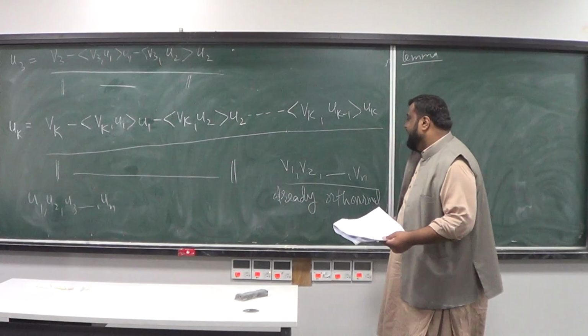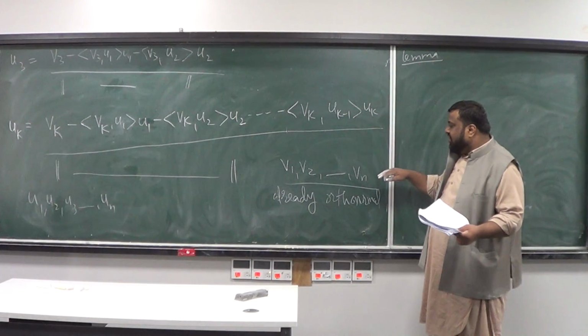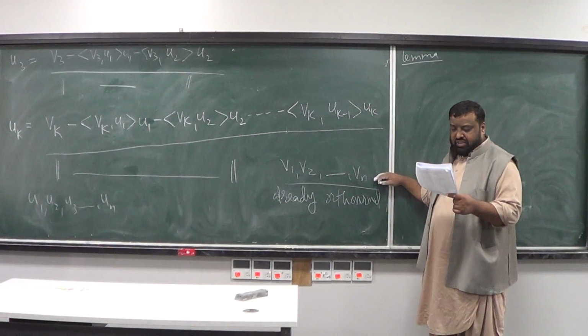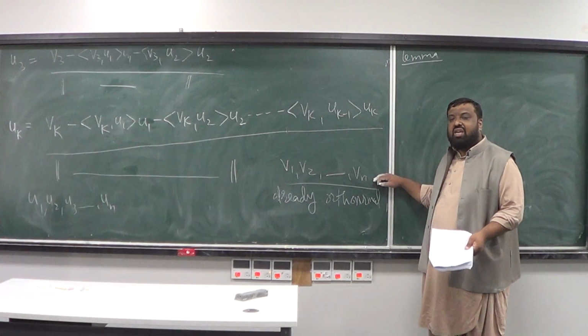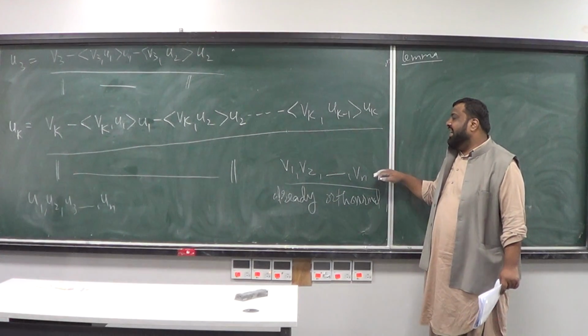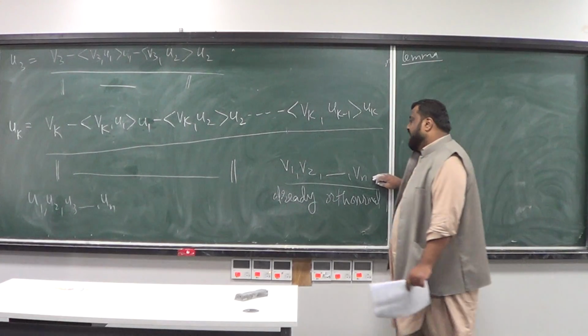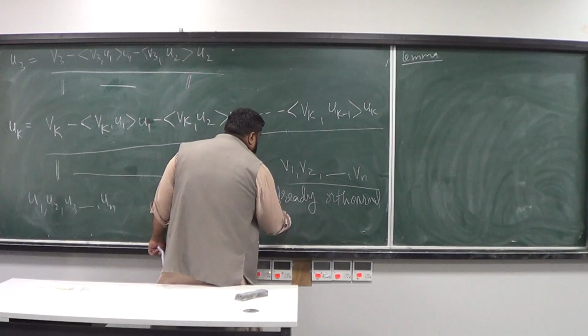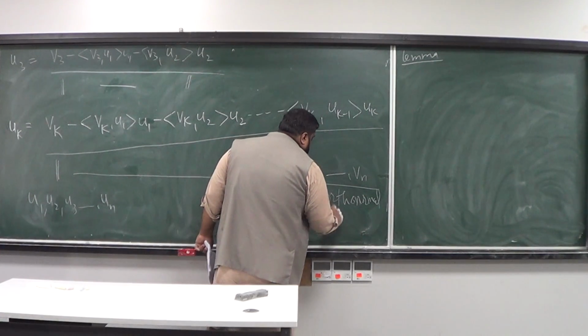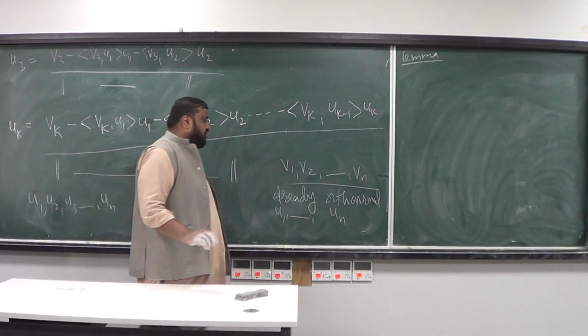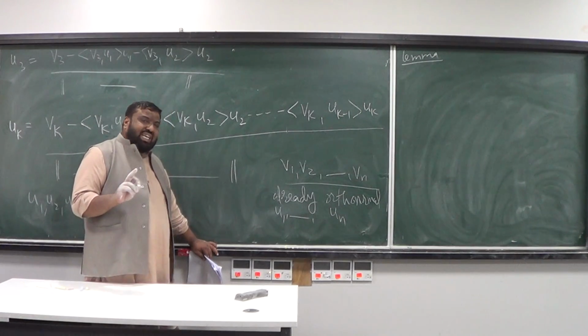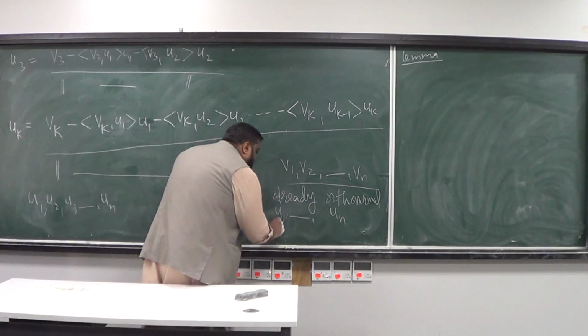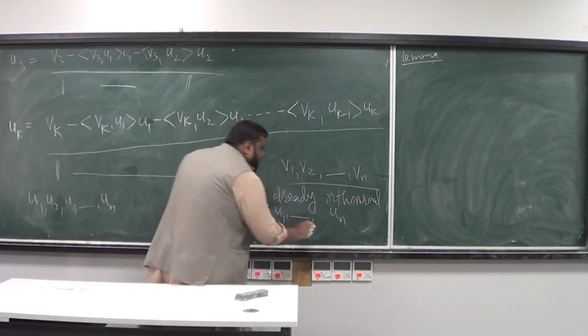The answer is that if you already have an orthonormal system, and on that orthonormal system you apply the Gram-Schmidt process, then obviously you're going to get vectors u1, u2, u3, but you will see actually that these vectors are basically the same as the previous vectors.